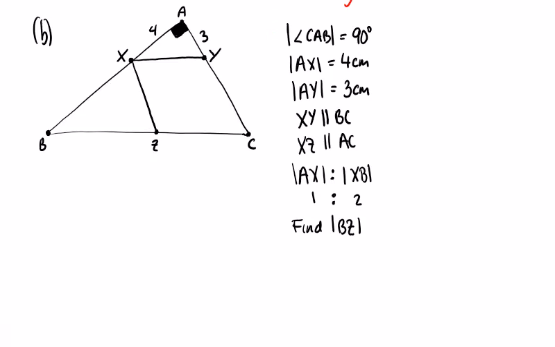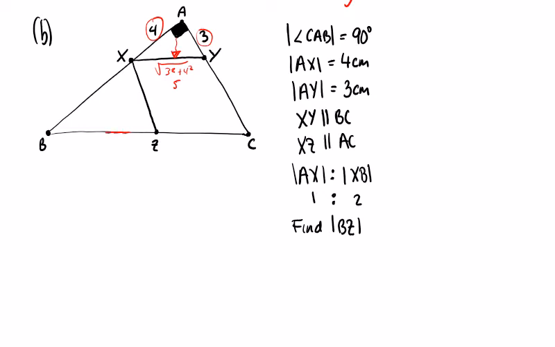Part B of this question, we were given quite a lot of information. Angle CAB is 90, AX is 4, AY is 3. And if this is a right angle, we know straight away, the square root of 3 squared plus 4 squared, so XY is 5. And we're told XY is parallel to BC.